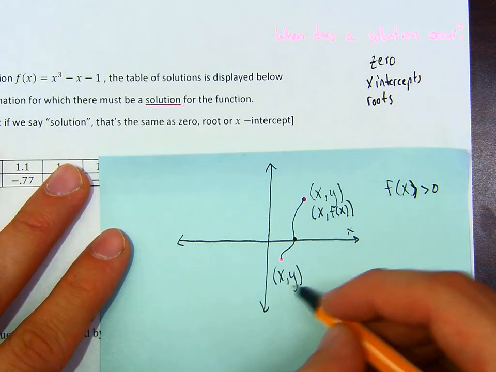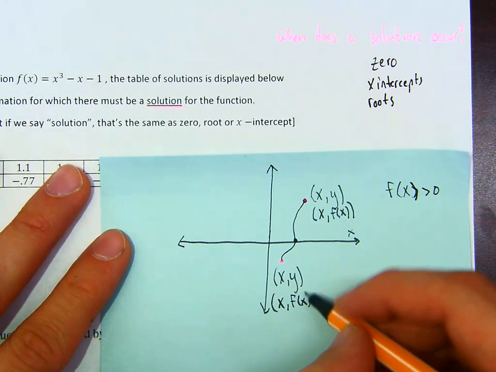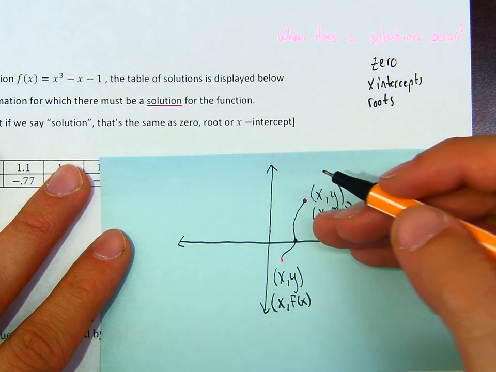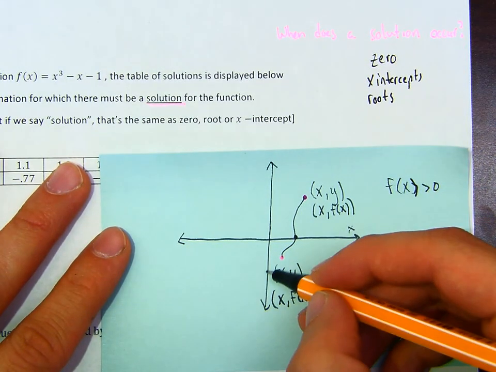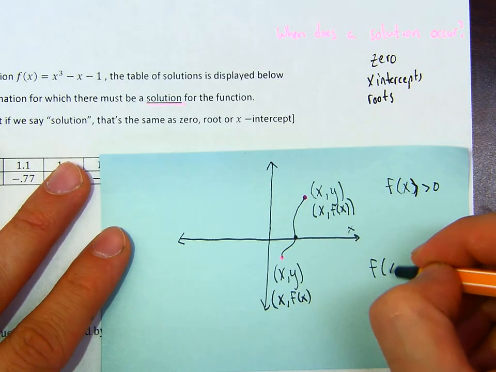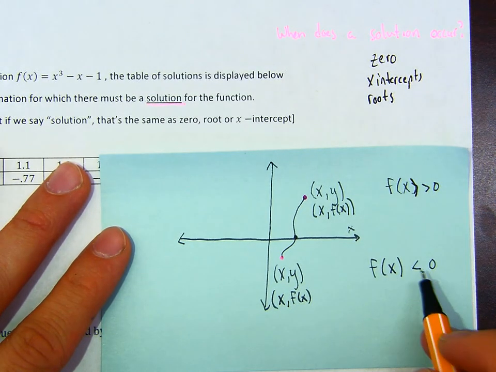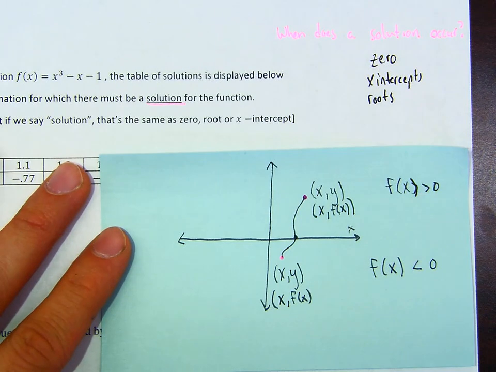Okay, well, this is an x comma y, and so this is an x comma f of x. Notice that for a point below the x-axis, the y values, or the f of x values, f of x has to be less than 0. This implies that you're below the x-axis, okay?